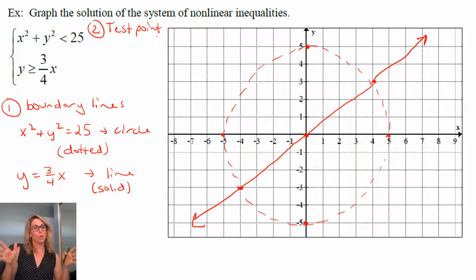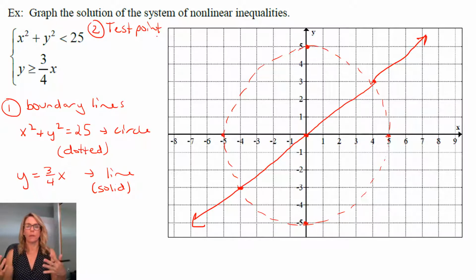You might notice the inequality sign. You have to be a little bit careful, but x squared plus y squared has to be less than 25. If I put in the point 1, 1, I'm going to have 1 squared plus 1 squared. Is that less than 25? Yes.